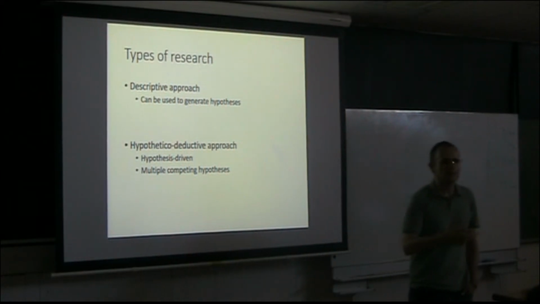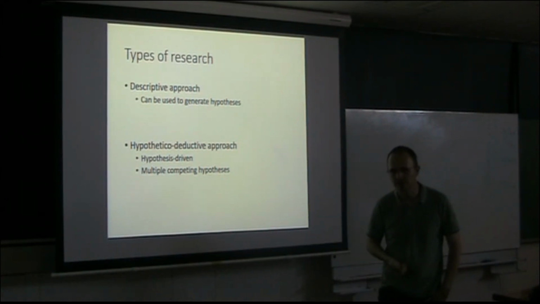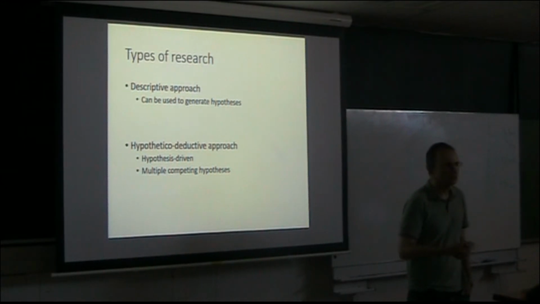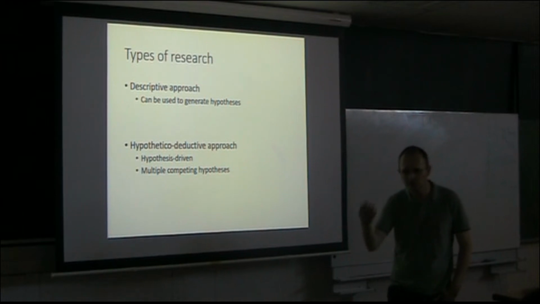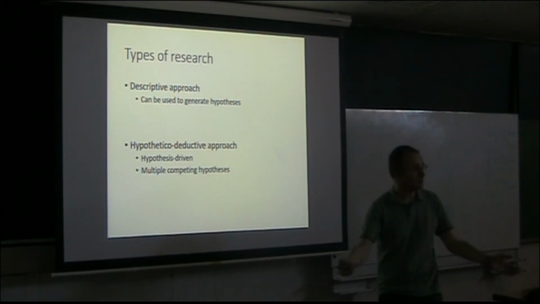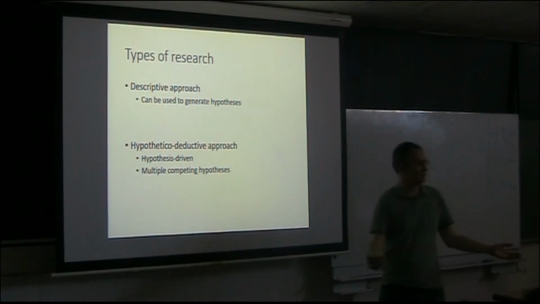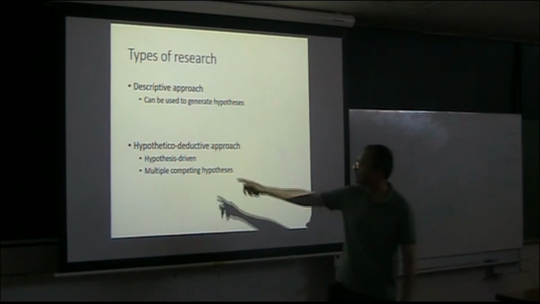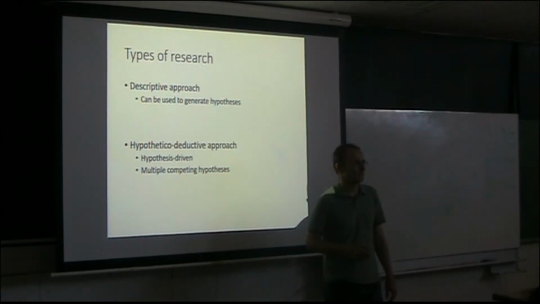If you want to describe vegetation types, do you need a hypothesis? No, you go through a purely descriptive process of sampling and running analyses to describe vegetation. They're very complicated analyses, but it's not the hypothetico-deductive approach.